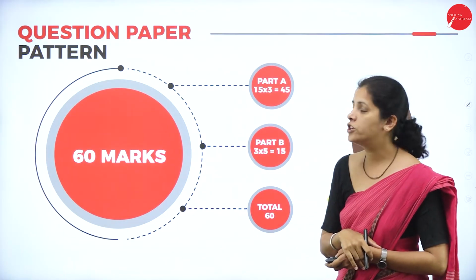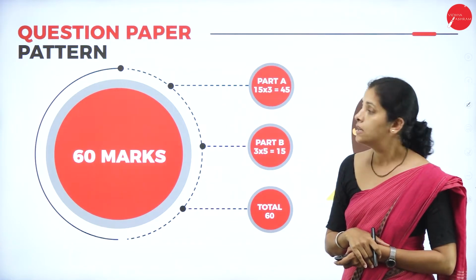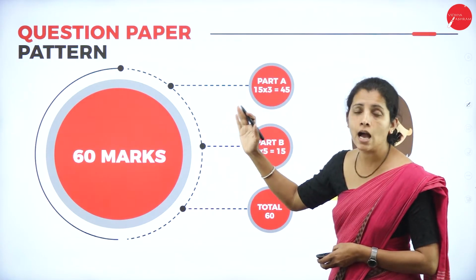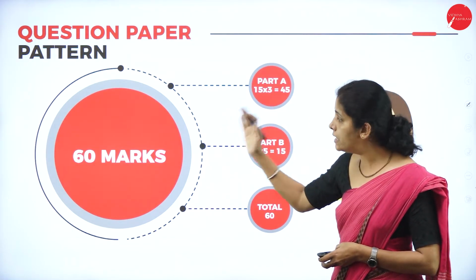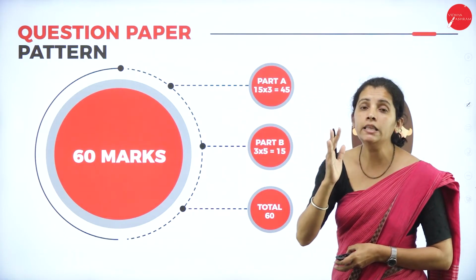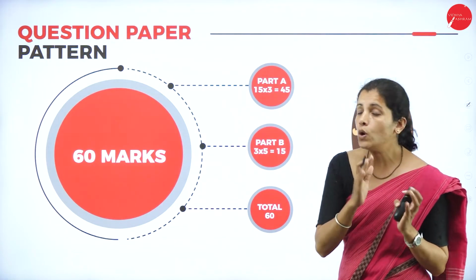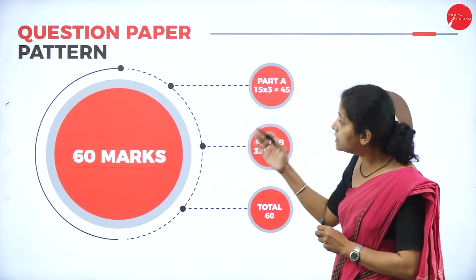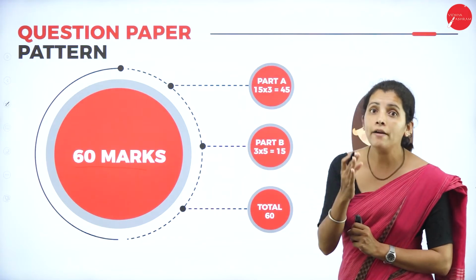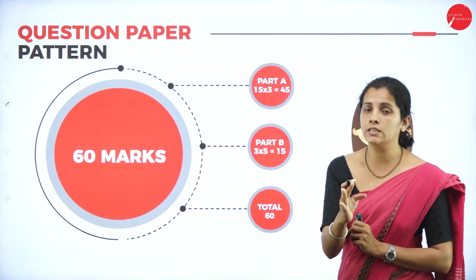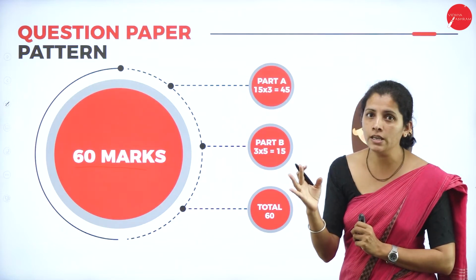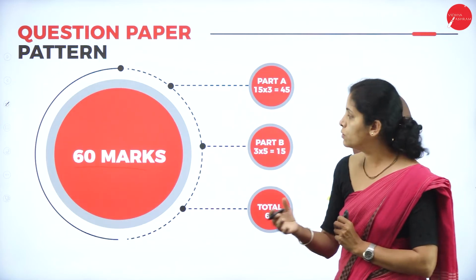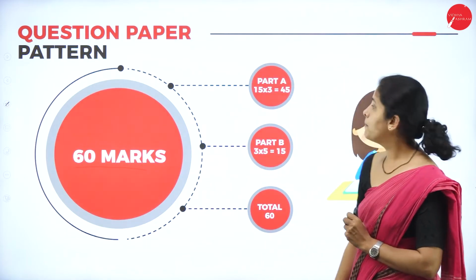Let's see the question paper pattern. Now, dear student, if I consider the final exam question paper, here you're going to write the exam only for 60 marks. And under this subject, you have 3 units. From each of the 3 units, you can expect 20 marks. So it is a total of 60 marks.